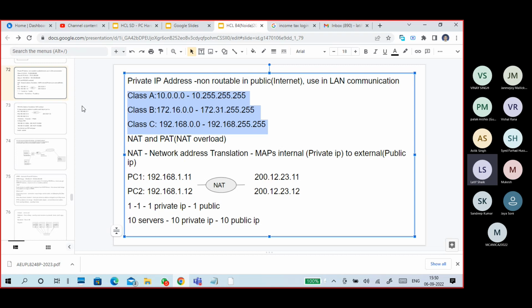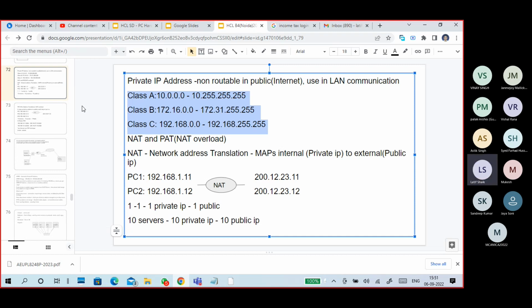For example, in this case my private IP 192.168.1.11 maps to a public IP, the same single host only. But in the public, it is different. Another PC has the internal IP address 192.168.1.12. But when communicating to or from the public, it uses a public IP address.